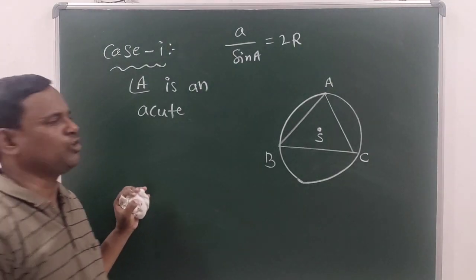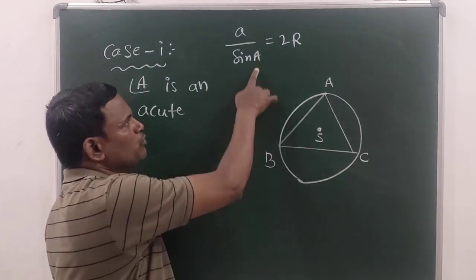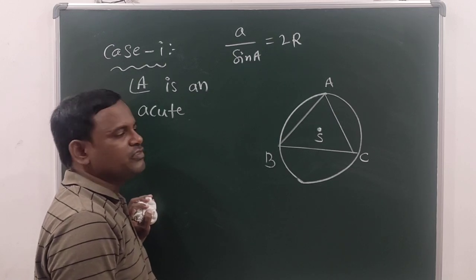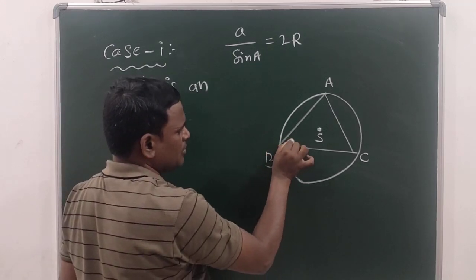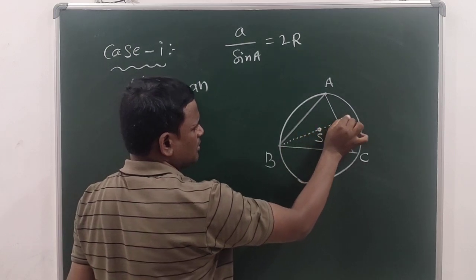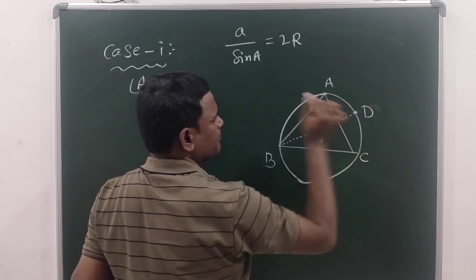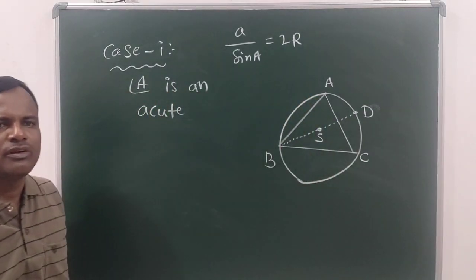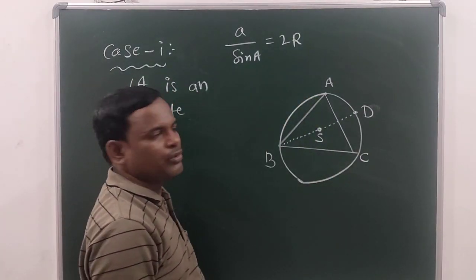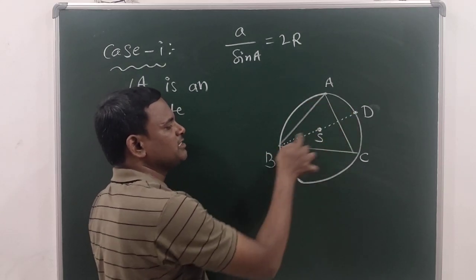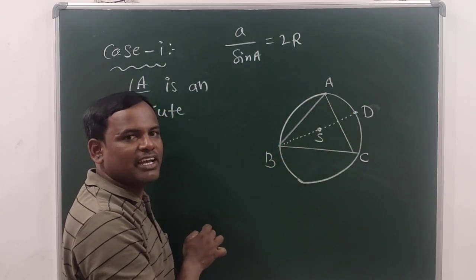How? Observe me. To prove this, I would like to draw a diameter of this circle, that is BD. Since BD is a diameter, this is a semicircle.